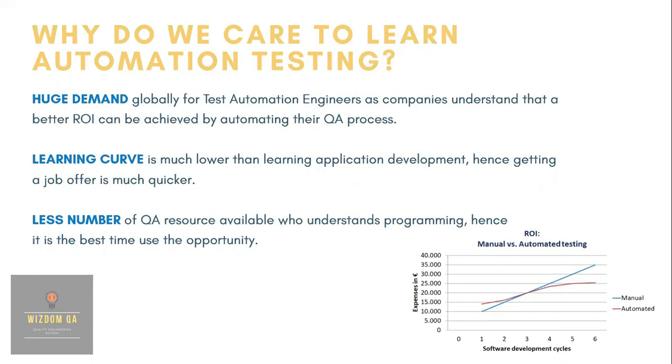But later on, you see that the expenses actually come down for automation testing, because once your test suite or test framework is stable, you basically start just building on top of it. You just start maintaining it.